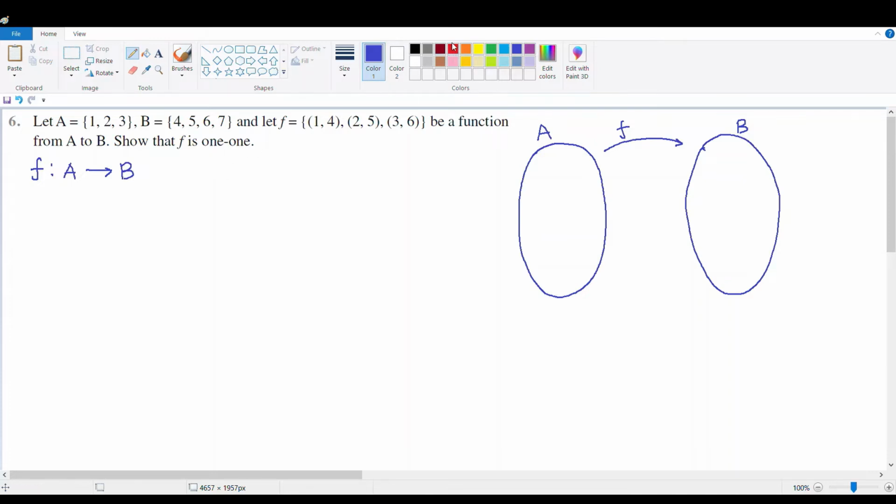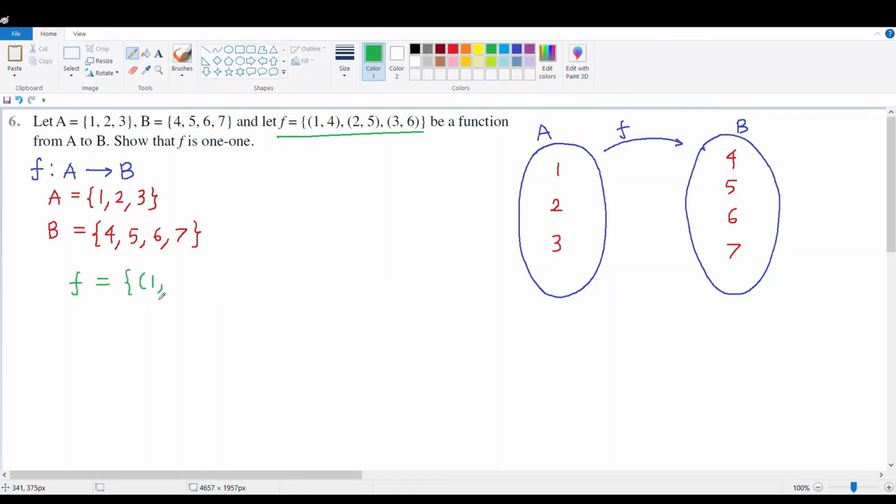Now what are you given? You are given that A is equal to {1, 2, 3}, and B has elements 4, 5, 6, 7 in it. So if I just list them here, 4, 5, 6, 7, then look here, your f is given as (1, 4), (2, 5) and (3, 6).